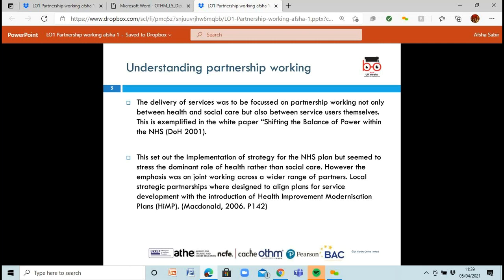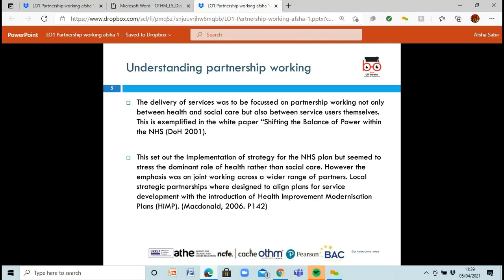So it's really, again, like a person-centered approach, bringing people more aware and they're actually getting considered, they've got a choice, they've got a decision themselves as well. And this set out the implementation of strategy for the NHS plan, but it was more of a dominant role of health rather than social care. So it was more focused on health workers being dominant within this, and social care was sort of like an afterthought.